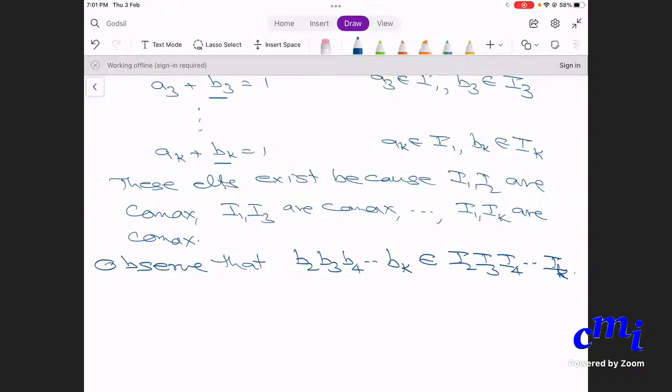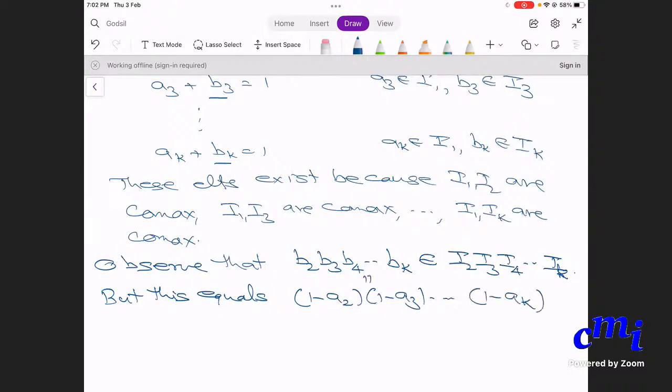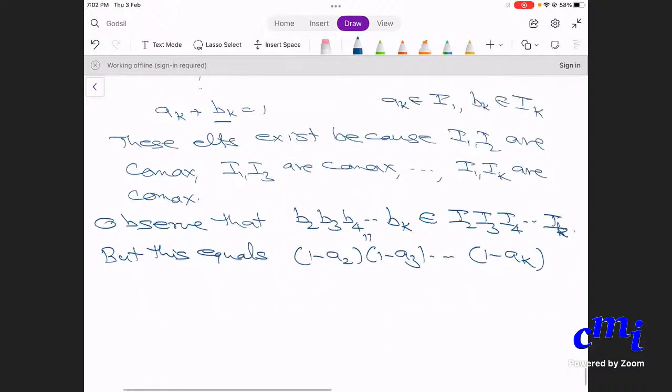But we can also write this in a different way. B2 is 1 minus A2, B3 is 1 minus A3, and so on up to Bk is 1 minus Ak. So this element B2, B3 up to Bk is also equal to 1 minus A2 times 1 minus A3, and so on up to 1 minus Ak. Now you can expand this.